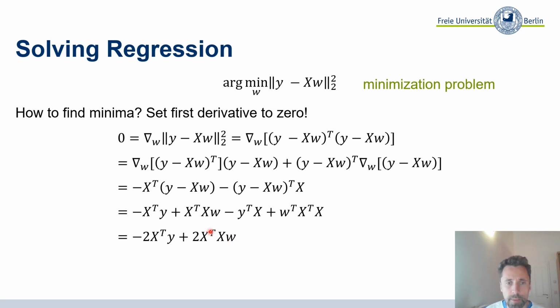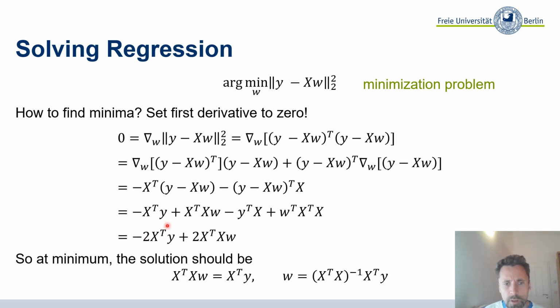Now let's just cancel away those two 2's and get this over to the other side. Then that's the equation that is the solution where this expression is minimal. So because it's quadratic, we don't have a maximum, we have a minimum.